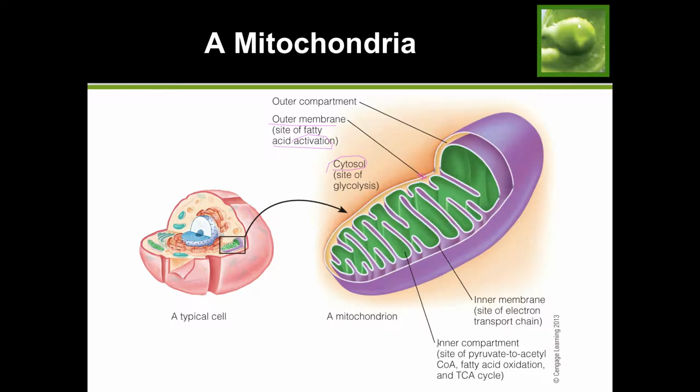The inner compartment, which is this part right here, the green, is the site of pyruvate to acetyl-CoA, also fatty acid oxidation, and your TCA cycle. So your TCA cycle occurs in the inner compartment. Your inner membrane, which is this purple right in here, is the site of the electron transport chain. Okay?